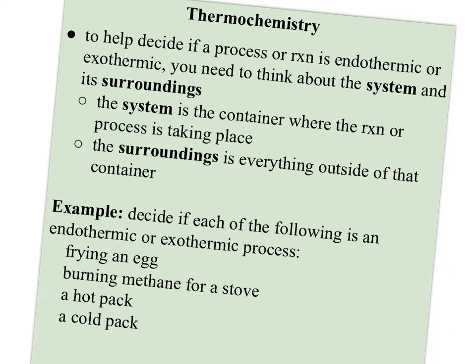So if you have a natural gas stove and the methane is combusting or burning, in that case, that's my system and the heat is being released to the universe or to the fry pan around it. Now it's exothermic. A hot pack obviously feels hot, so it's releasing heat, exothermic. A cold pack must be absorbing heat, making it feel cooler, so it's endothermic.